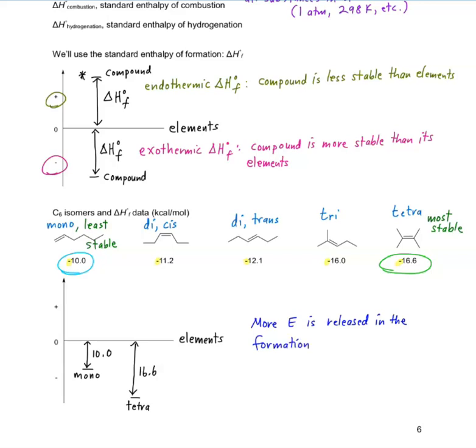So more energy is released in the formation of the more stable alkene isomer. And that corresponds again to the larger negative heat of formation.